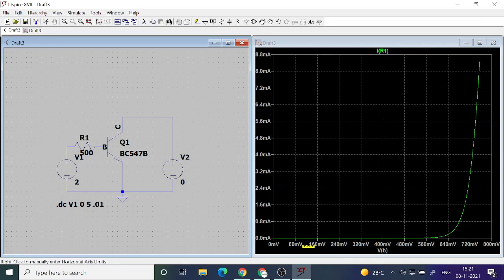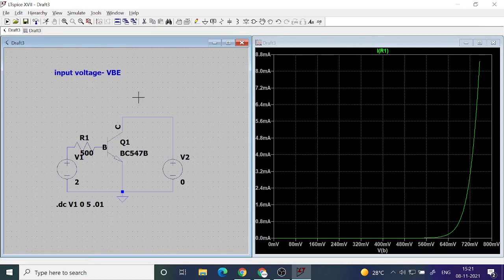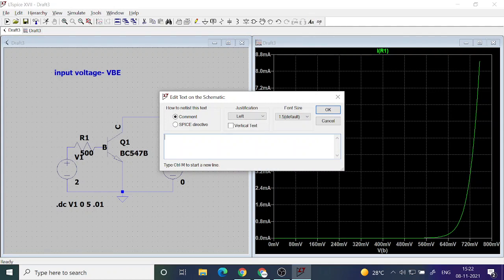Okay, so you are applying these voltages between base and emitter. This VB which I wrote here is nothing but VBE. Input voltage is VBE. Then input voltage versus input current.